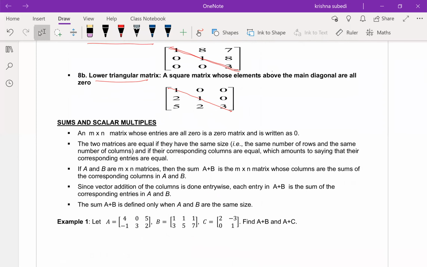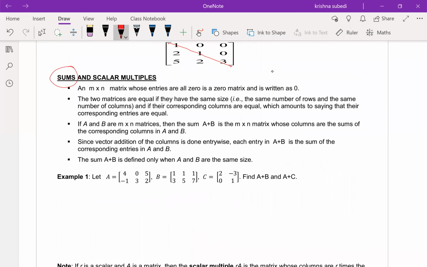Now the question is, how do we find the addition and subtraction of matrices? Let's look very quickly. In order for addition and subtraction to exist, the size of the matrices must be exactly the same. Keep that in mind.